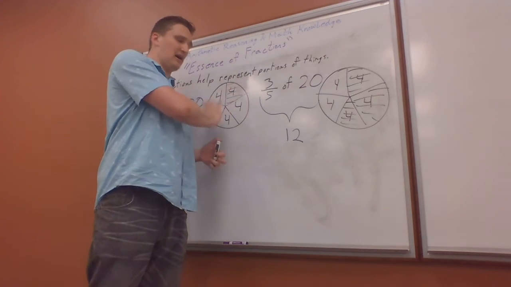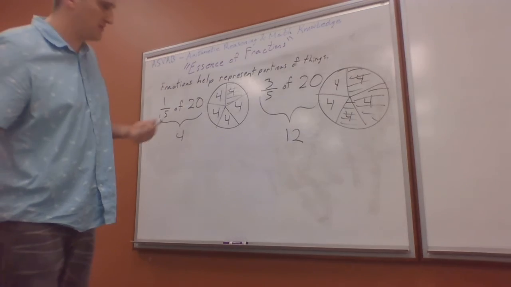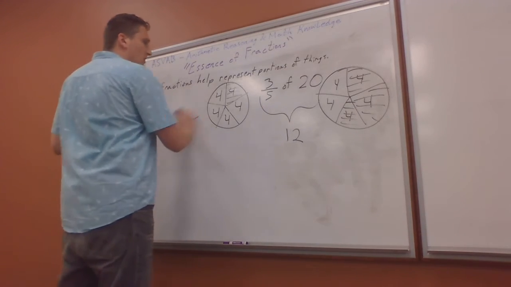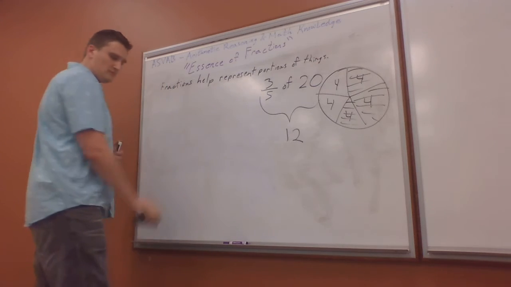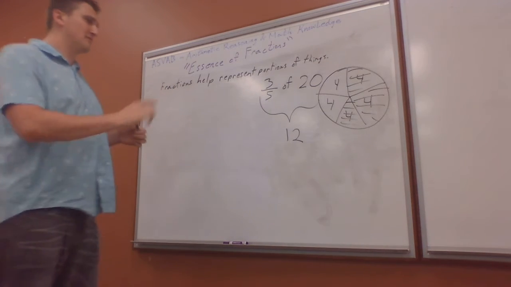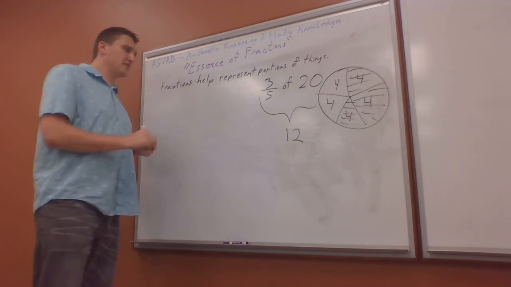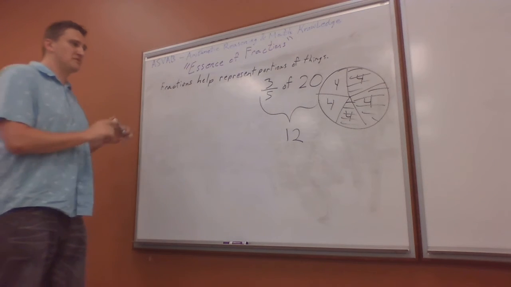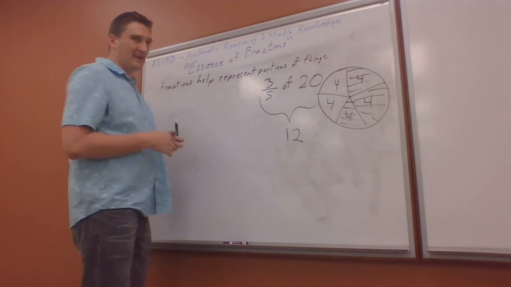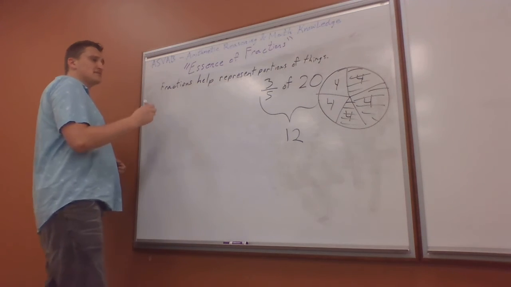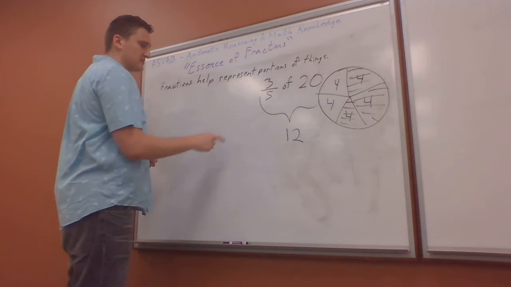I don't want us to have to draw a circle every time we take a portion of something. So what's a way that we can do it quickly? I said I was going to reserve operations for other videos, but I feel like for the purpose of this one, it'd be good to think about fractions in yet another way. And that is the operational parts.